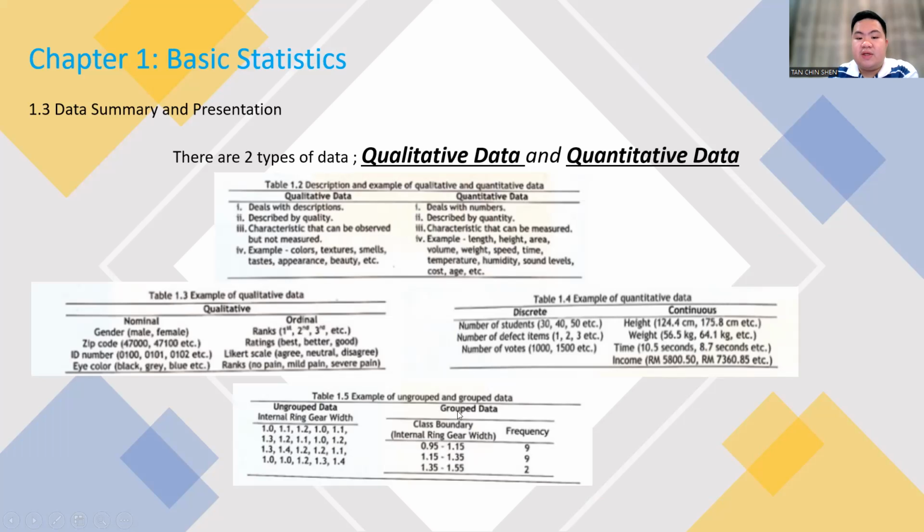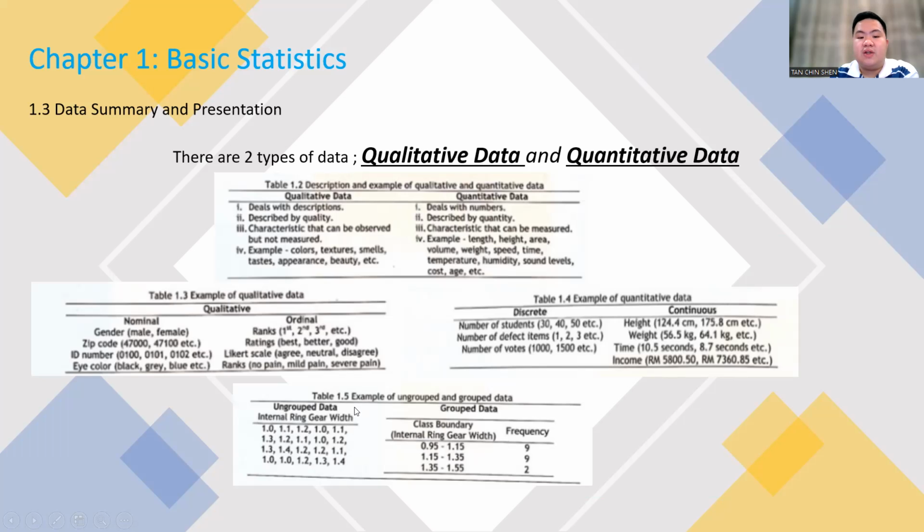For grouped data, it follows class boundaries, like upper boundary and lower boundary, then frequency. It means in the range of 0.95 until 1.15, there are 9 students, and from 1.15 to 1.35, there are 9 students also.